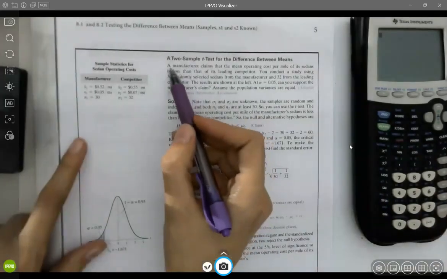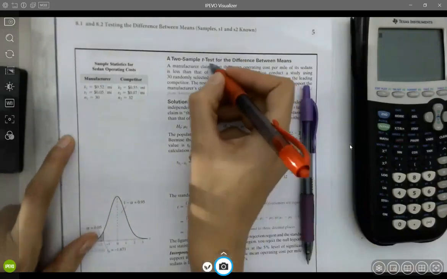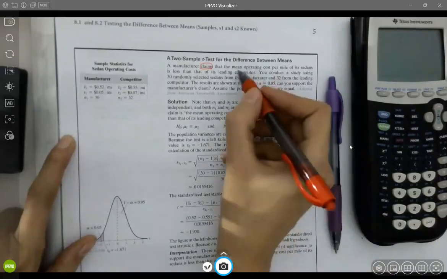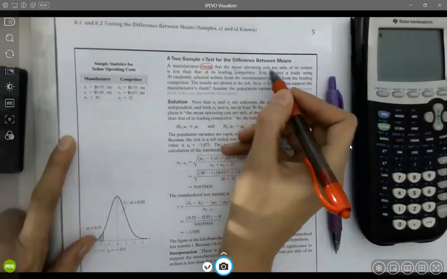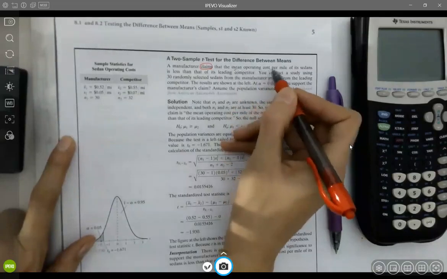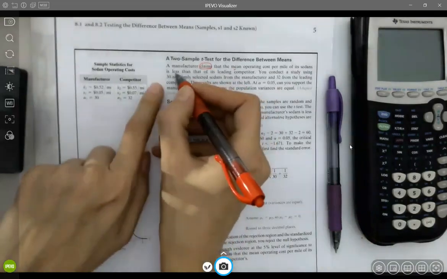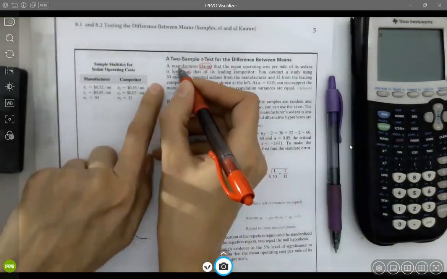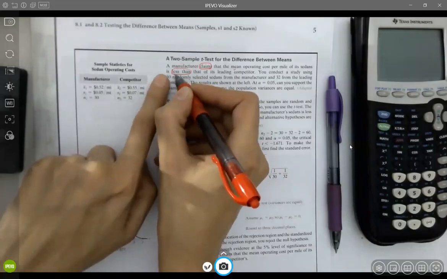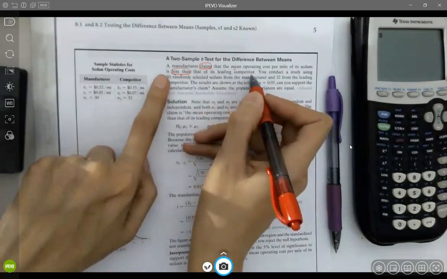So here you have a manufacturer that claims, and the first keyword is given to us, that the mean operating cost per mile of its sedans is less than, another keyword for us, that of its leading competitor.